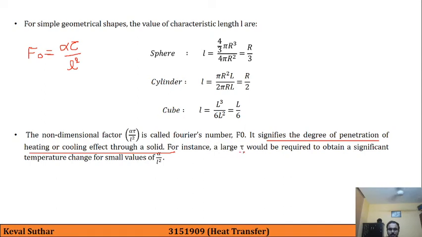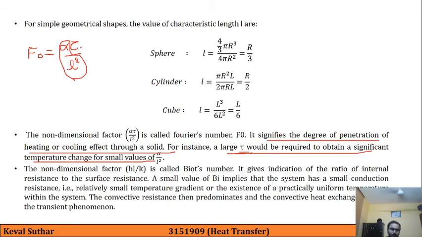For instance, how large a value of tau will be required, so this is constant, so a large amount of time will be required to obtain significant change for a small value of alpha by L square. So if alpha by L square is less, then tau will be higher, and vice versa.